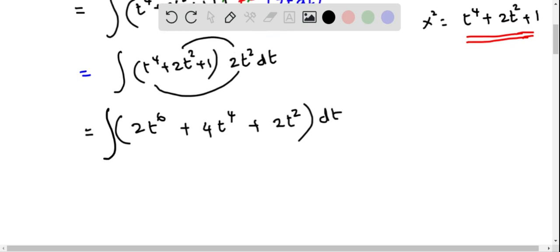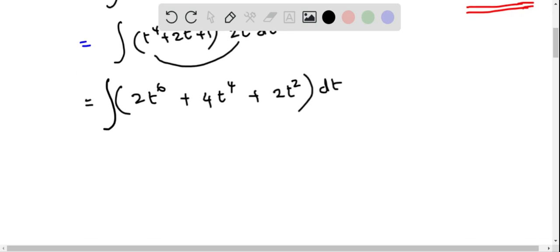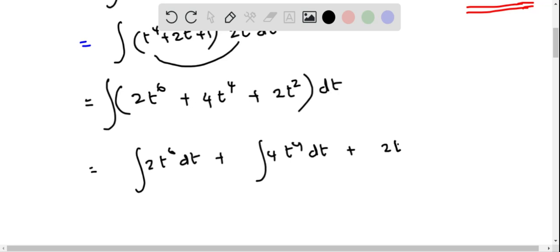Now this could be written as a sum of integrals, because we are finding the integral of a sum. So I can write this as the integral of 2t to the power 6 dt plus 4t to the power 4 dt plus 2t squared dt.